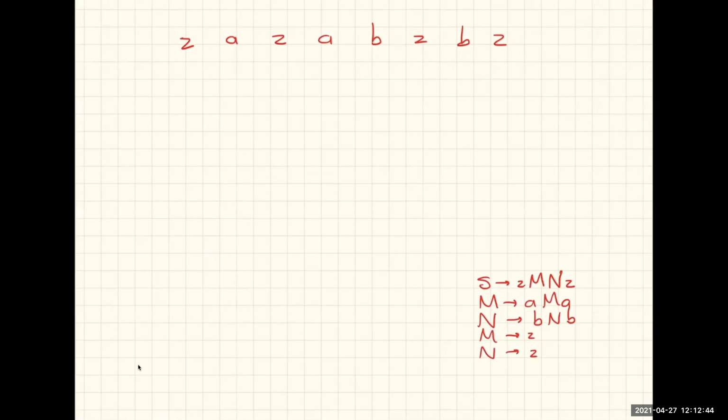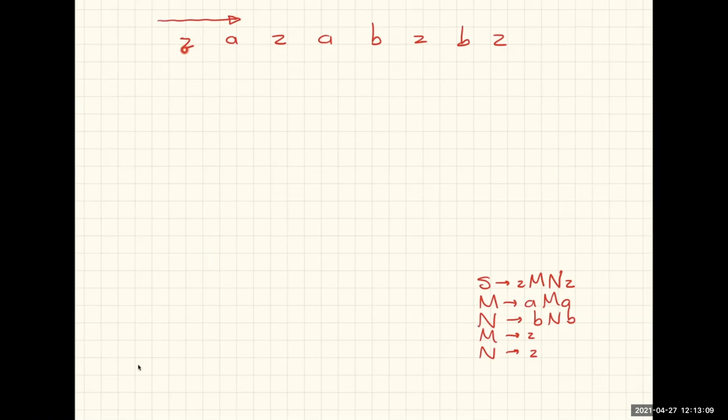Okay. So in order to parse this string, there are two different strategies. One of these has to do with the direction we are going to analyze this string. If we start from the left, we will see that we need to skip this Z because we cannot do anything with it.